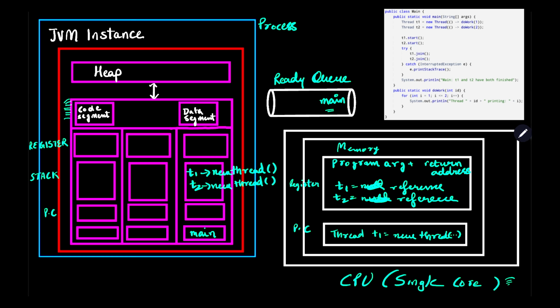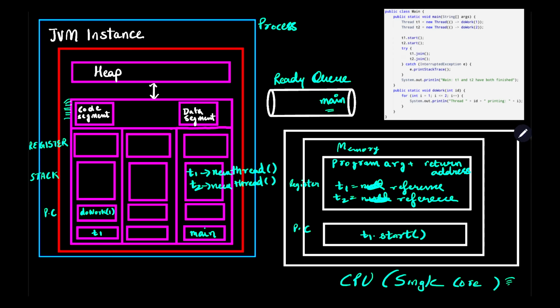And now the program counter of the CPU will point to T1.start. After executing T1.start, the JVM creates a new thread T1. A new stack frame is allocated to T1, and the program counter will point to doWork1.